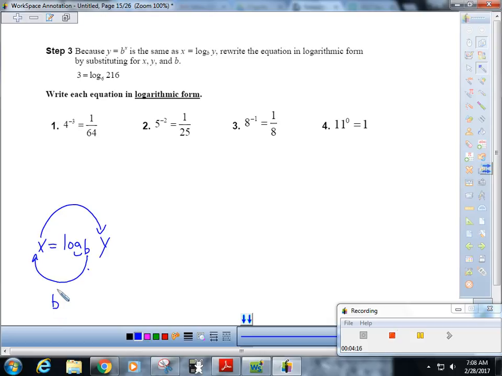I mean b to the x equals y. That's counterclockwise. And if you have y equals b to the x, and you want to have it in log form, again, counterclockwise, log base b of y equals x.